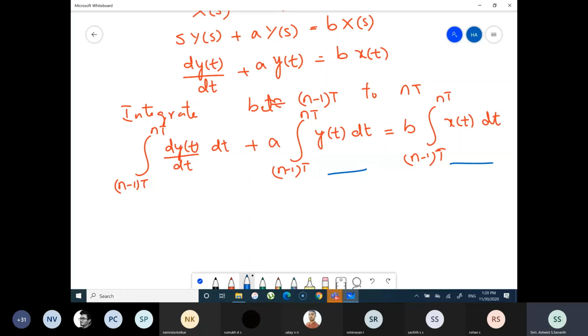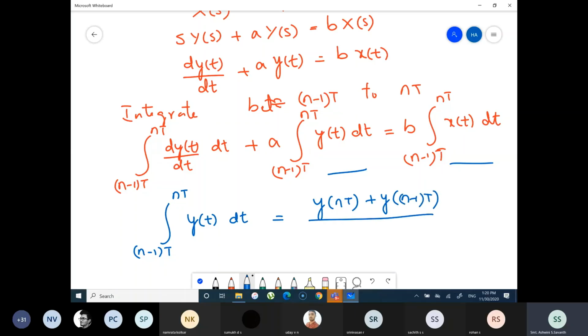So what is this trapezoidal rule? When you're integrating a value between any two limits, if you're integrating a signal y of t between these two limits, it can be written with the trapezoidal rule as y of nt, that is the upper limit, plus y of the lower limit n minus 1 into t, divided by 2, the whole thing multiplied by t, or multiplied by the constant t by 2.